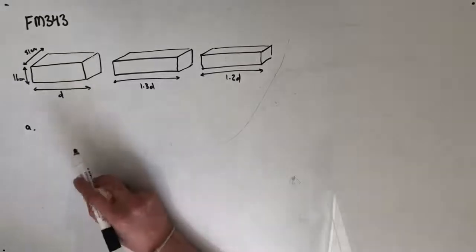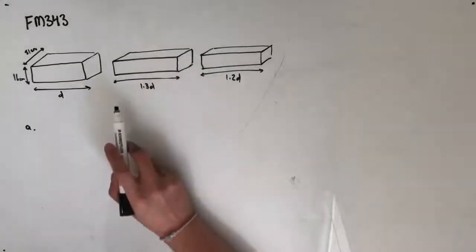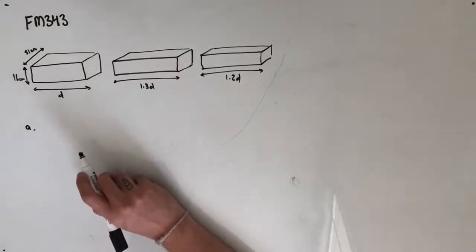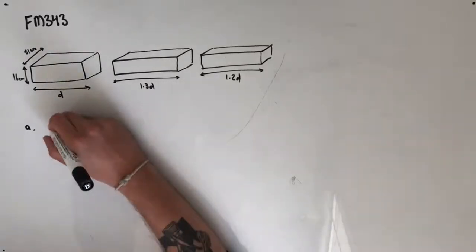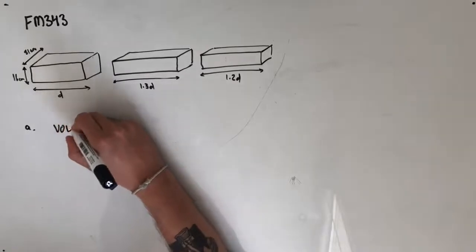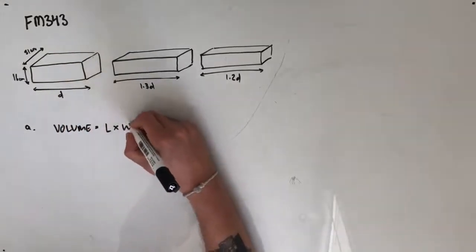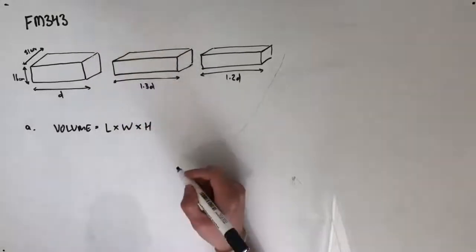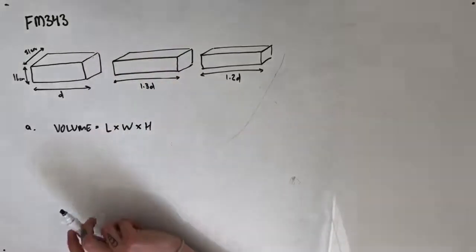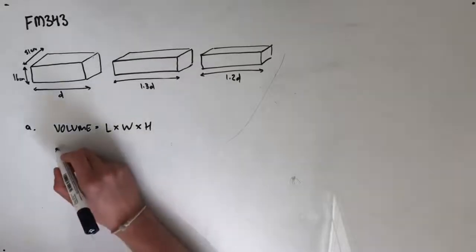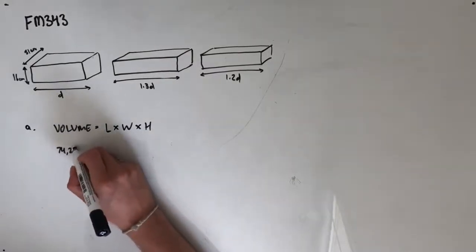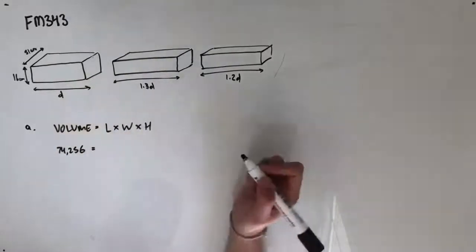Well, we know the volume of this cushion here because we've been told that the largest cushion has a volume of 74,256 centimeters cubed. So we can use a volume formula: volume is equal to length times width times height. We can insert the value of this cushion into the volume, so 74,256 centimeters cubed.